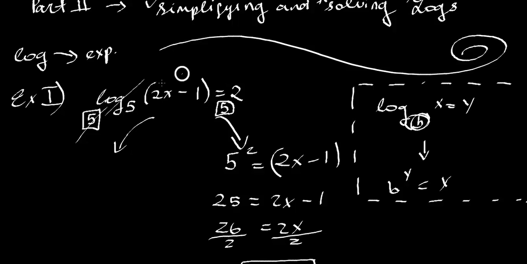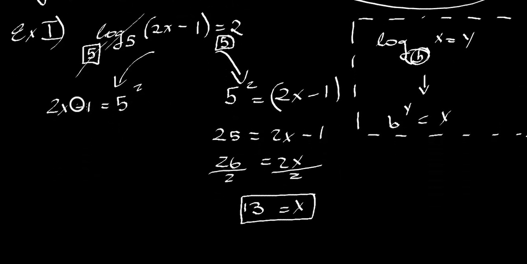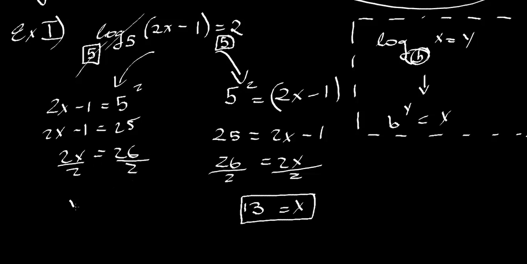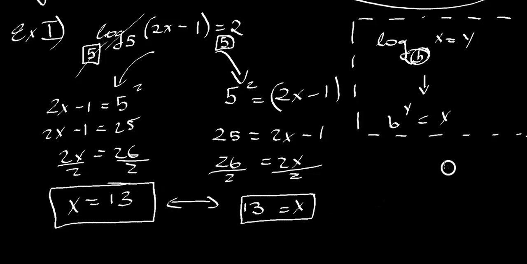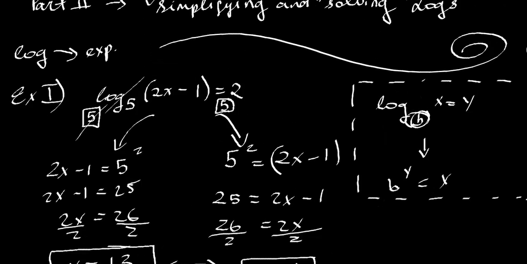Okay, so we are left with this and 5 squared, which is the same thing, it's just on a different side. So if we also do that, 26 equals 2x, divided by 2, and you get x equaling 13. So, same answers. Now, I need to tell you one thing though.